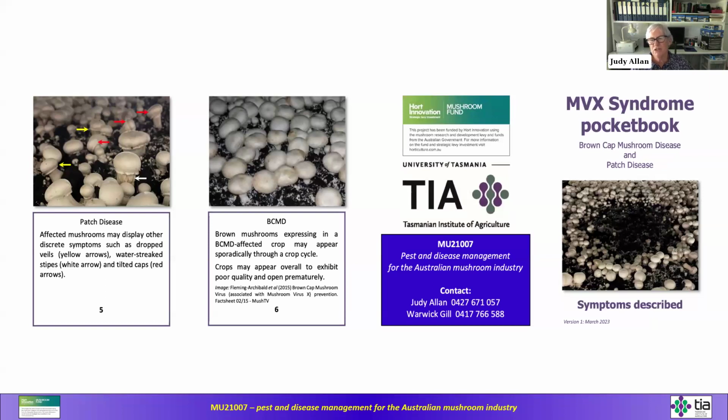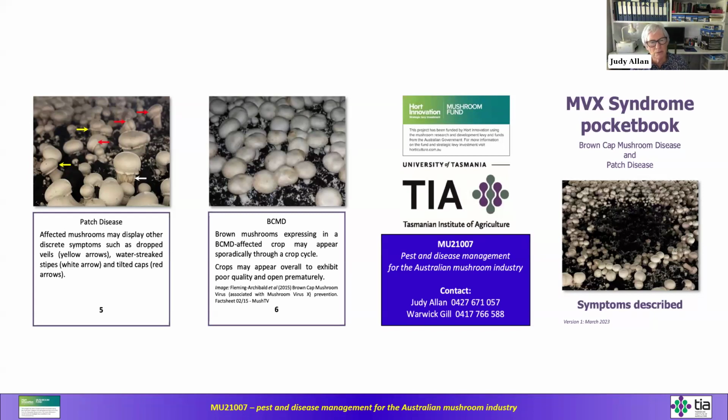So bare patches, which is the right-hand photo, were traditionally something that identified that a virus was around and you needed to get a test. And you would sample the mushrooms on that right-hand side. You would sample the mushrooms immediately outside the bare patch, because that's likely where the strongest piece of virus would be.